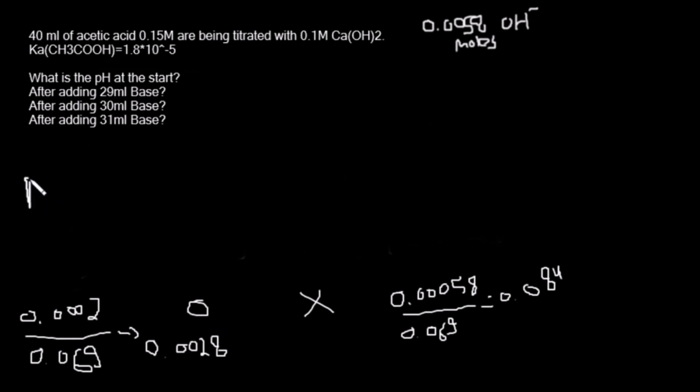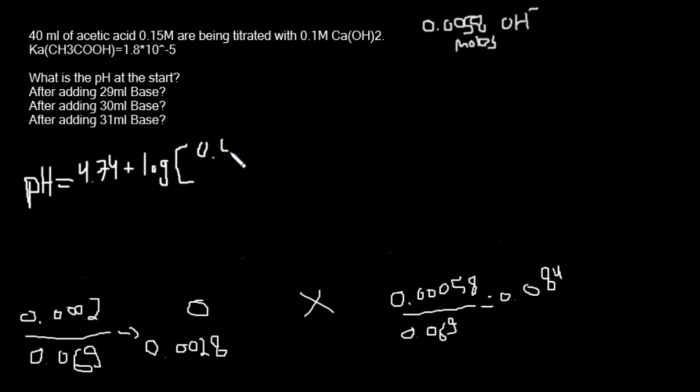Okay, so the equation is pH equals pKa. Let's just do this. It's just better. The pKa is minus log the Ka. So minus log 1.8 times 10 to the minus 5. So it's 4.74 plus log the salt divided by the acid.